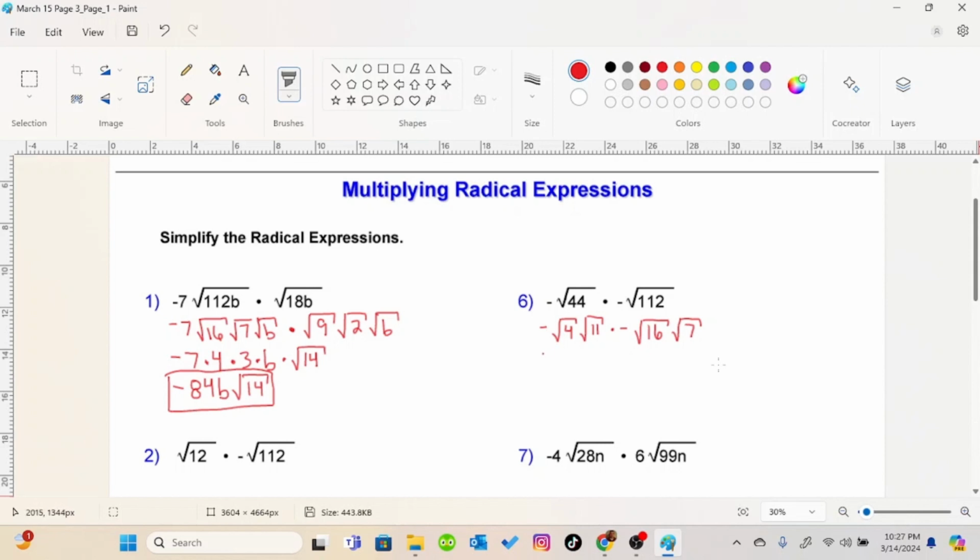The square root of 4 is 2. And the square root of 16 is 4. Negative 2 times negative 4 is 8. And 11 times 7 is 77. So our final answer is 8 square root of 77.